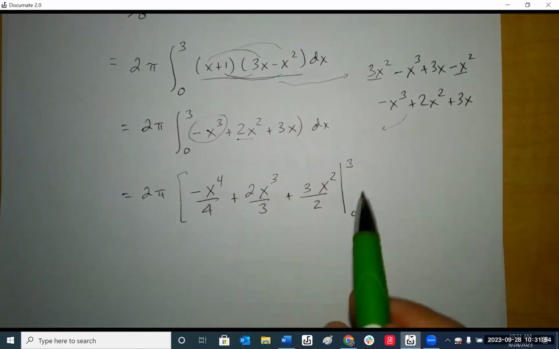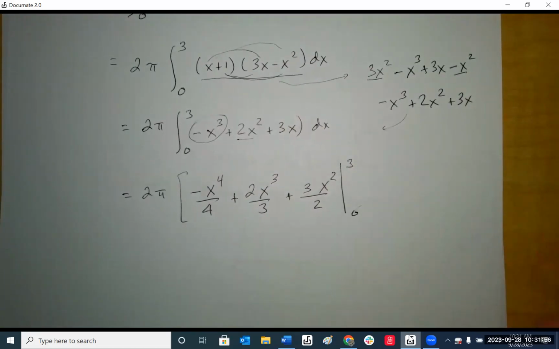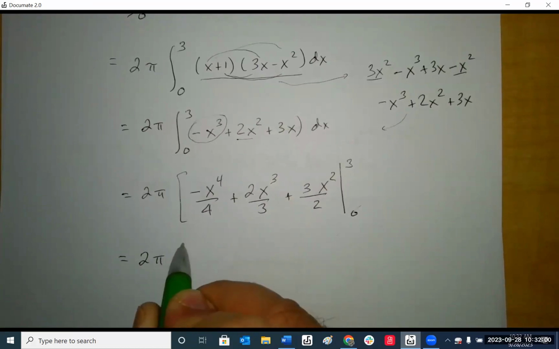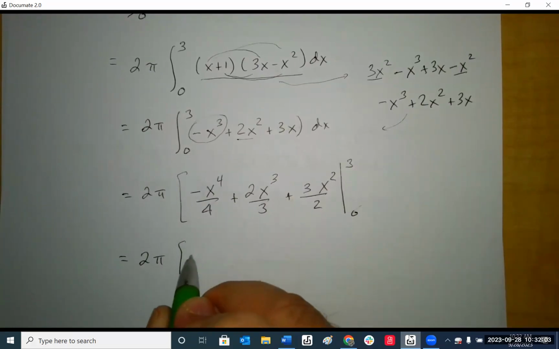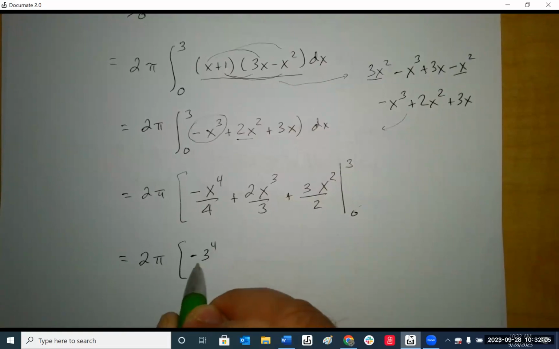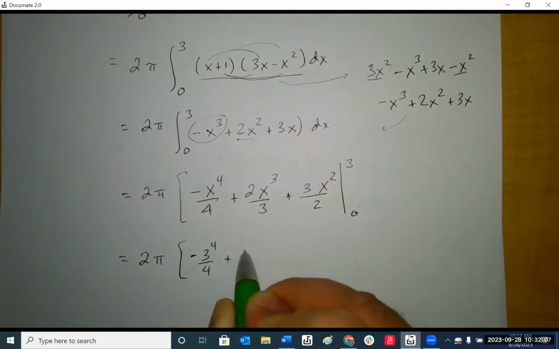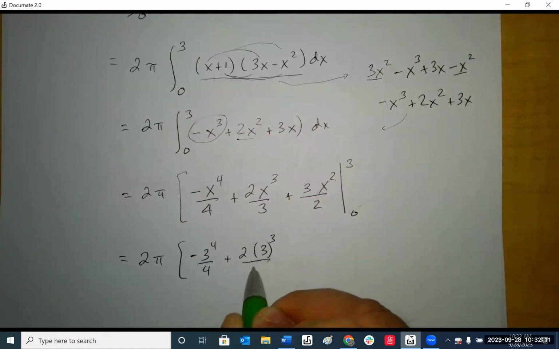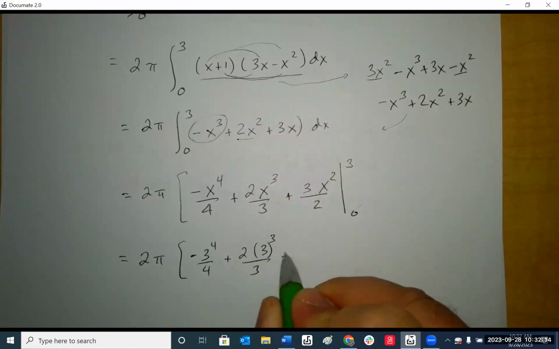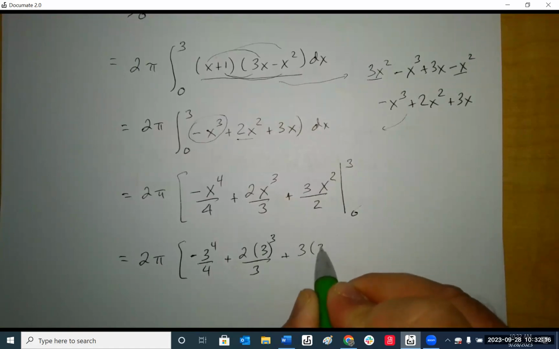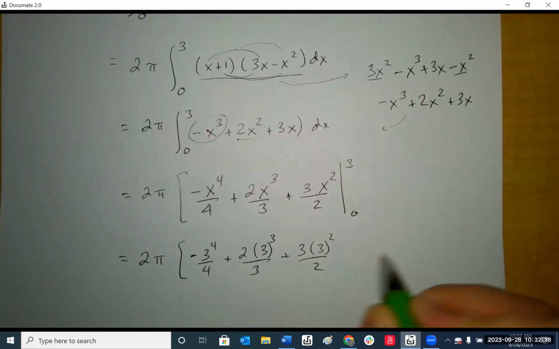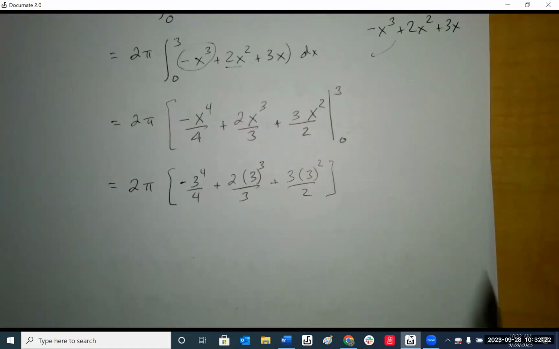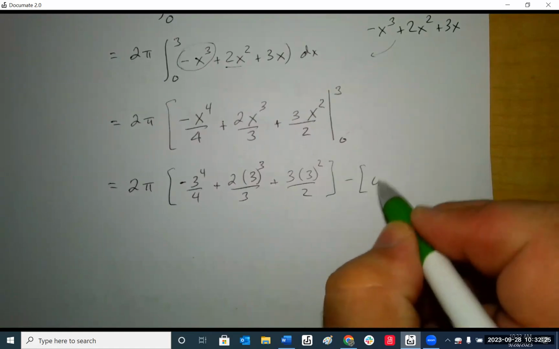Since they all have a function of x, we don't have to worry about the 0 part because that's going to be 0. So all we have to worry about is the 3. So we have negative 3 to the fourth over 4, plus 2 times 3 cubed over 3, plus 3 times 3 squared over 2, minus 0.